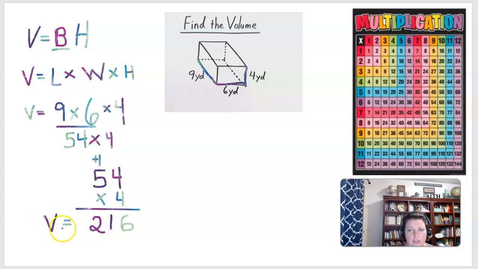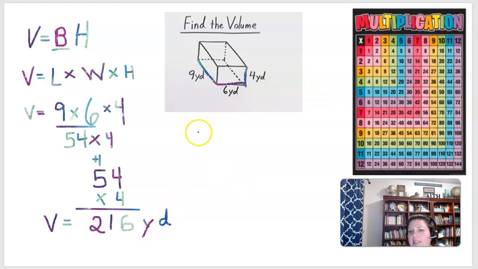The volume of this rectangular prism is a measurement, so we know that measurements need to be labeled. I see the label YD next to the numbers here, so that means they're measuring in yards. So I need to make sure that my answer also shows yards.